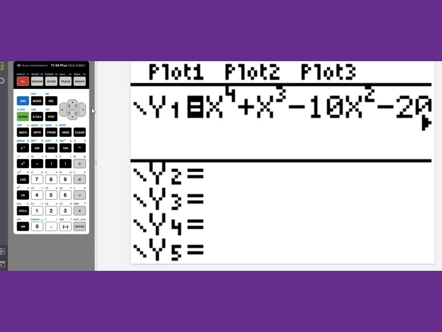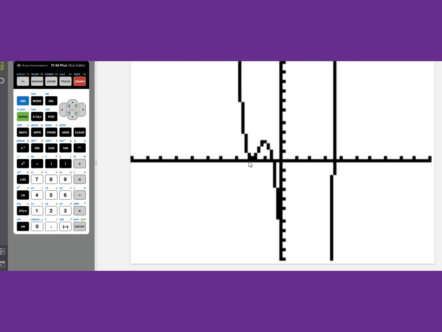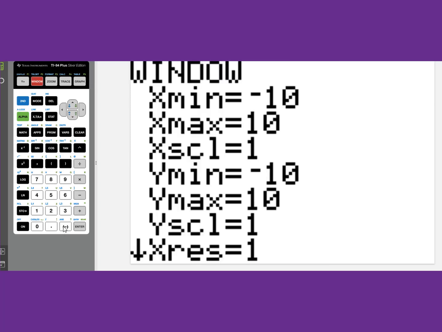Now, I already put this polynomial function into graphing calculator y1. Then I check the graph. You could see the graph over here is not that clear. Therefore, I need to change the window. Negative 5, this is a 5.